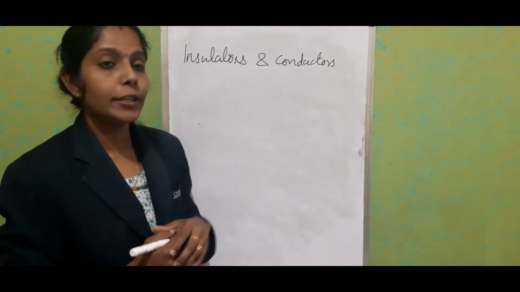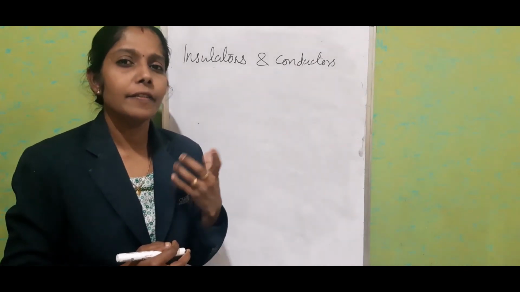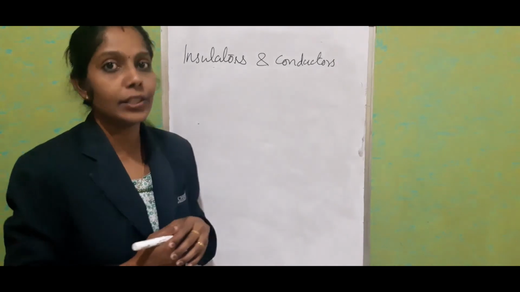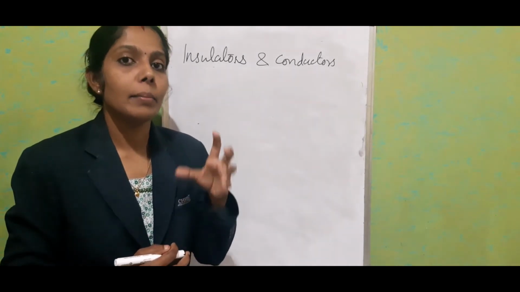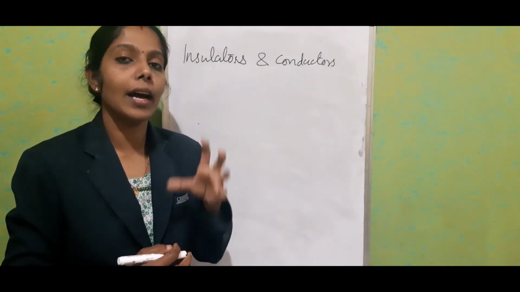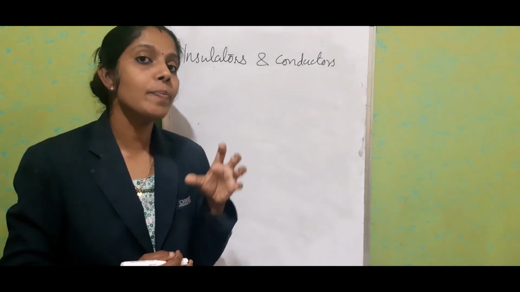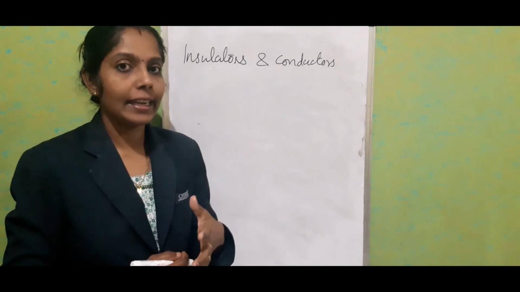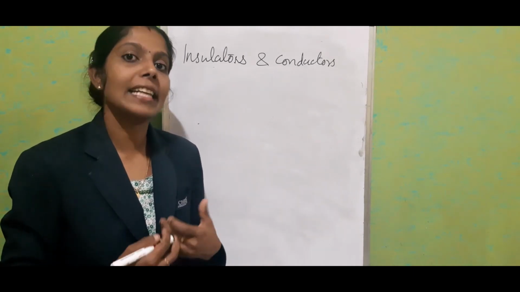In the case of insulators, the free electrons are almost nil. So the materials which do not allow electric current to pass through them are called insulators. Or we can say that they offer maximum resistance.